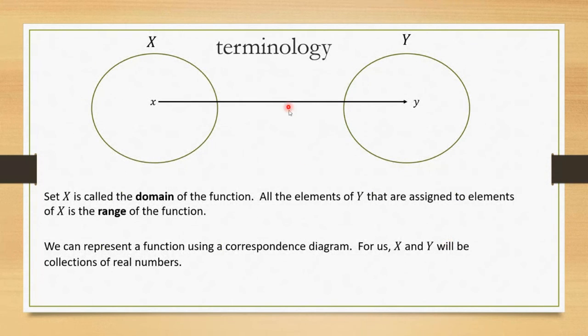Here's some other terminology with this. With a function, the first set, right? That's where all the input comes from, all the things going into the function. That's what we call the domain of the function. So the domain is the set of everything that can go into the function, everything you can put into the machine.